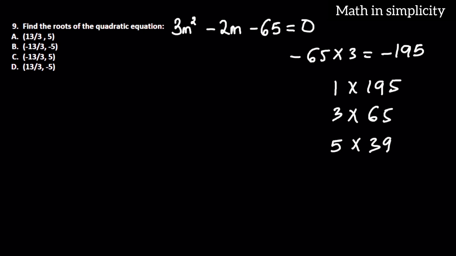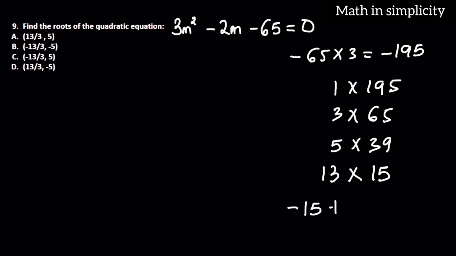The next number that can divide is 13. 195 divided by 13 is 15. So that's 13 times 15. Now I think this is going to work, because now we need to put in the signs. How are we going to put the signs such that when they add, it will be -2? Since the sign is negative, that means the bigger number there should be the negative value.